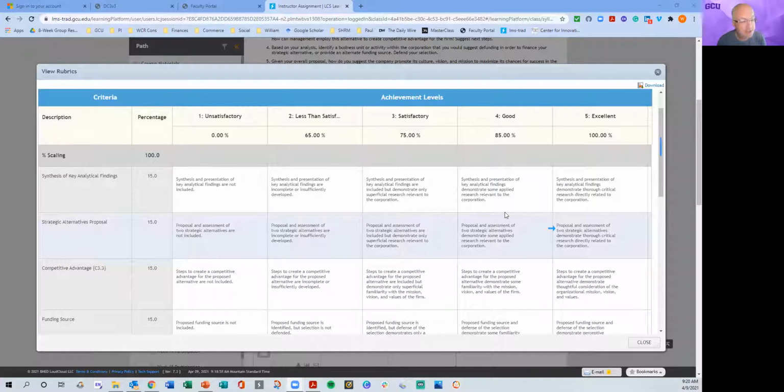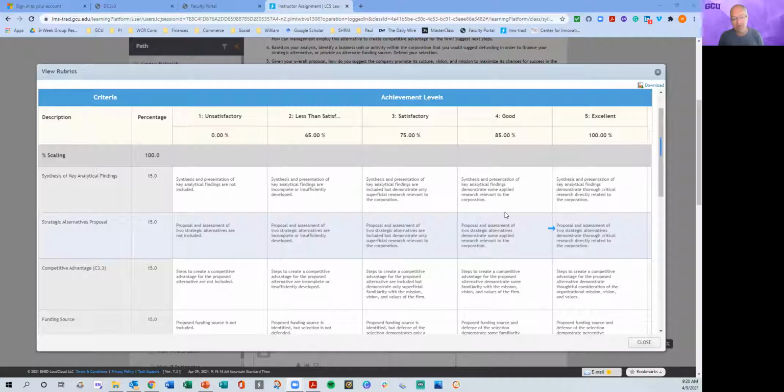Next, strategic alternatives proposal. Proposal and assessment of 2 strategic alternatives demonstrate thorough critical research directly related to the corporation. Again, let me emphasize, you need 2 strategic alternatives.